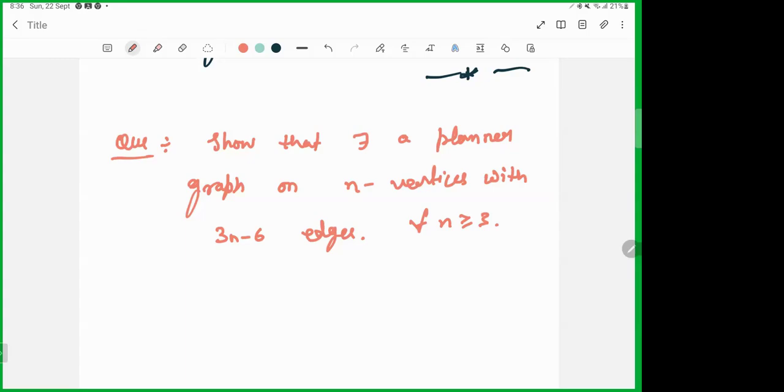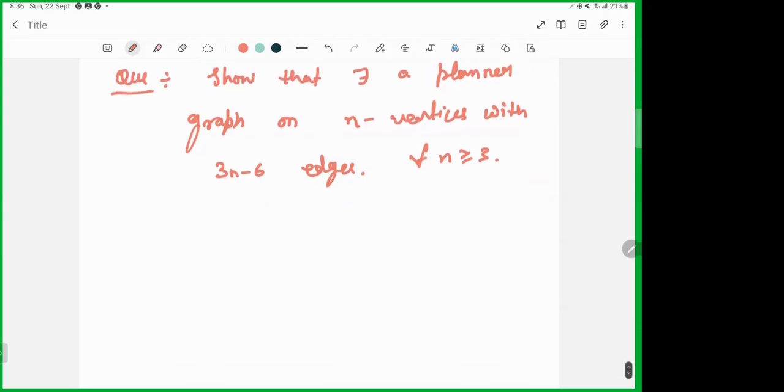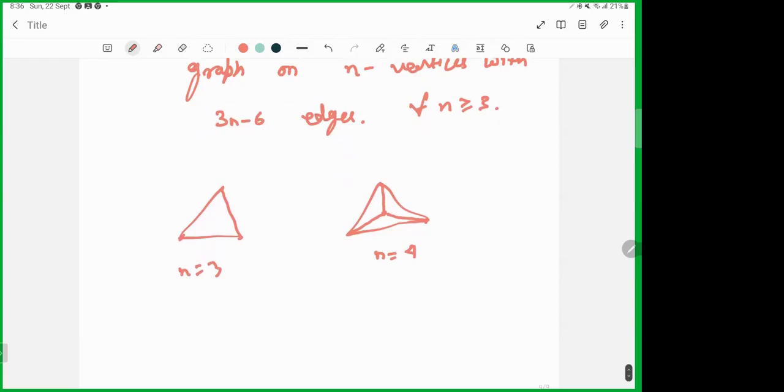Let's start with n equals 3. What is it for n equals 3? For n equal to 3 and n equal to 4, it's the regular graphs on these vertices. For 5, it becomes less. Then for 5, it's no longer the regular graph; we have fewer edges.